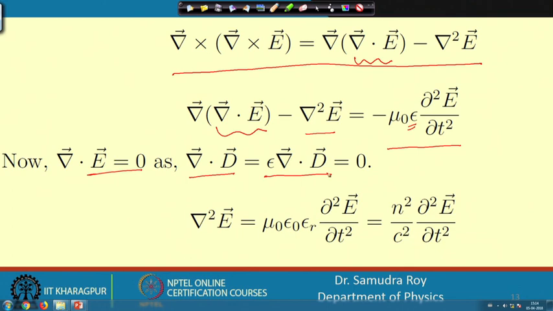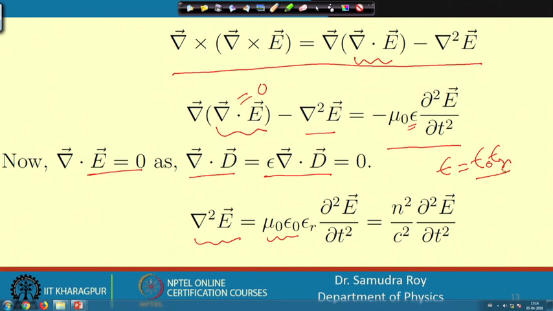If there is no free charge, then this quantity is also 0. And now, if that is the case, finally I can have del square E equal to mu epsilon del 2 E del T square. You may remember that epsilon was defined as epsilon 0 into epsilon r.